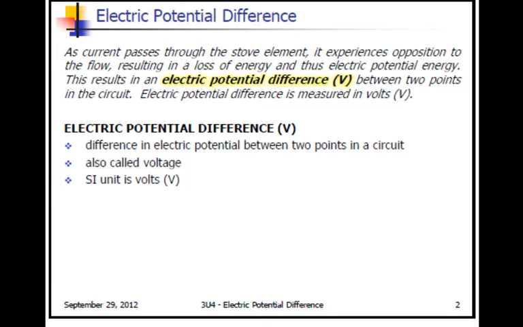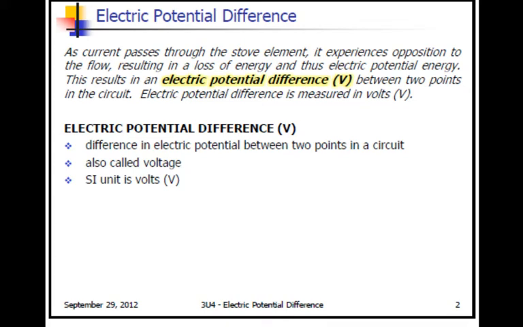As current passes through the stove element, it experiences an opposition to the flow. Something is opposing that current flow, trying to slow it down. The current still powers through it, but by doing that, it loses energy.